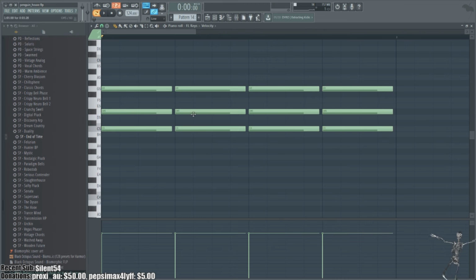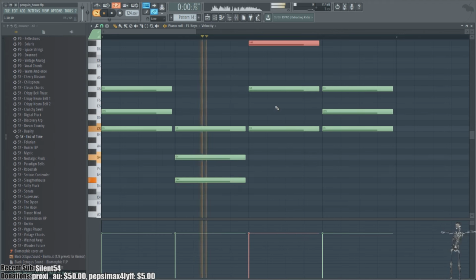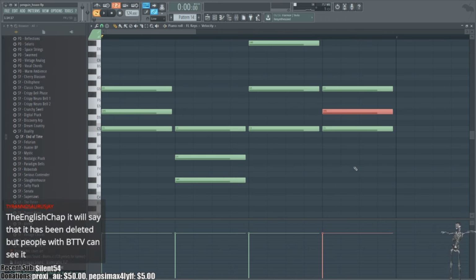And these are called inversions. So you would take this, drop it down an octave. That's an inversion. And then you could have this. These are all technically the same chord, but inversions. Those are important to understand.